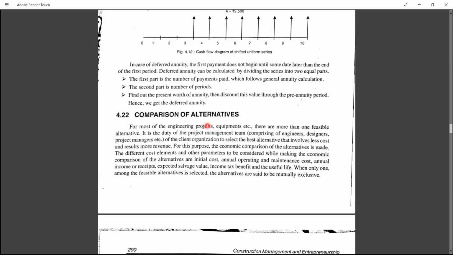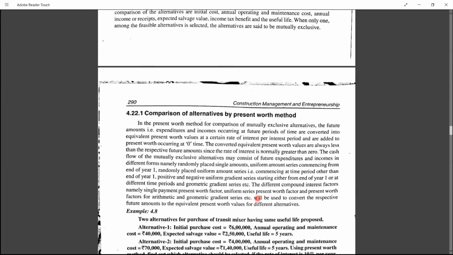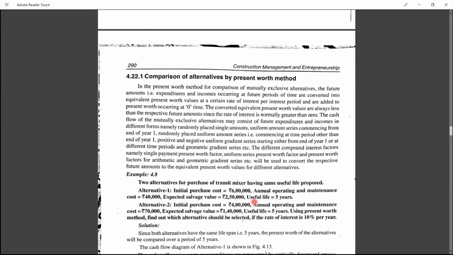Comparison of alternatives. One thing feasible designers and project managers will need to handle is economic values, maintenance costs and tax benefits. Economic value, salvage value, and feasible values are all calculated in comparison of alternatives. Comparison of alternatives by the present worth method is based upon expenditures and income on zero value cash and uniform series.